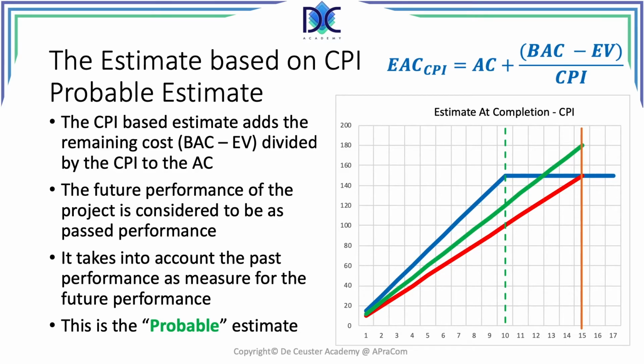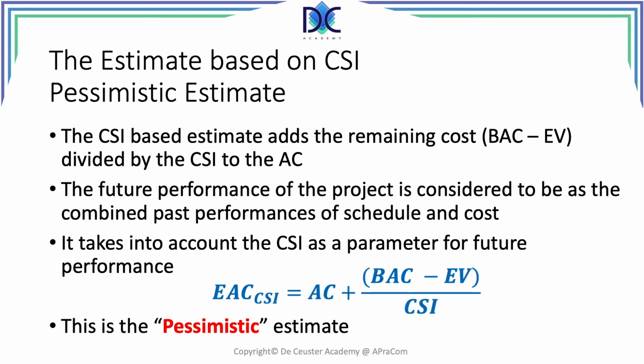We just continue overspending as we did before. This is also considered to be the probable estimate. We know this from experience, and we'll also see that it's typically the intermediate value when we calculate the estimates at completion.